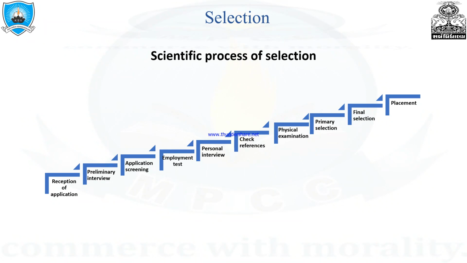For the interview, the interviewer, meaning the employer, must make a list of questions and must ask the questions in very simple language and in an understandable manner to the candidate. There are many types of interview, like plan interview, non-directive interview, depth interview, stress interview, group interview, and personal interview. These are some basic interviews.